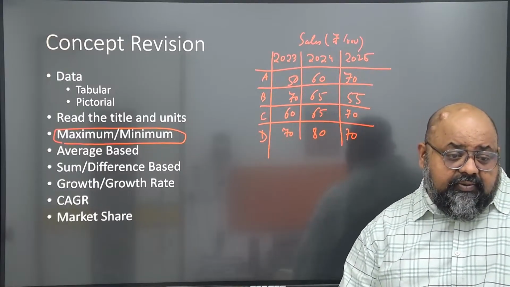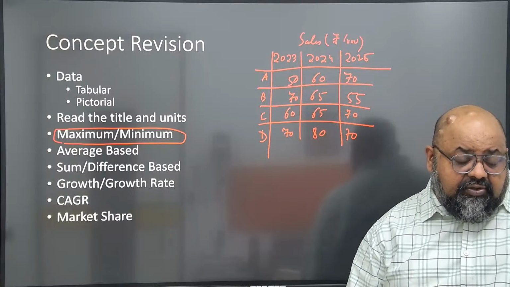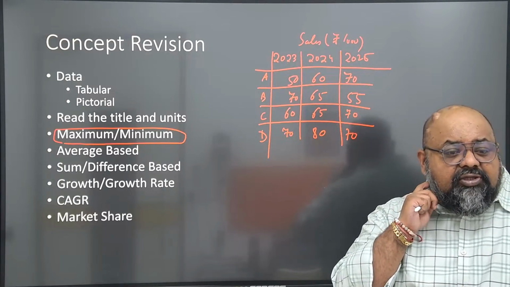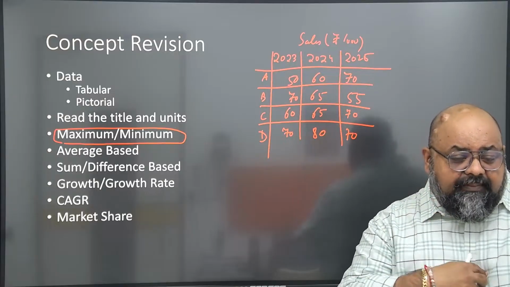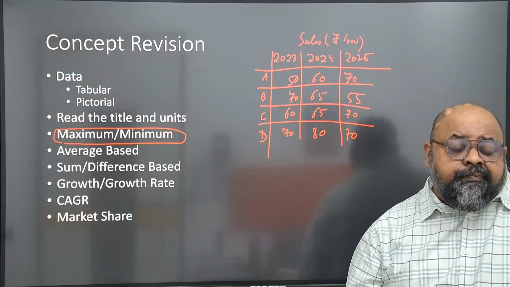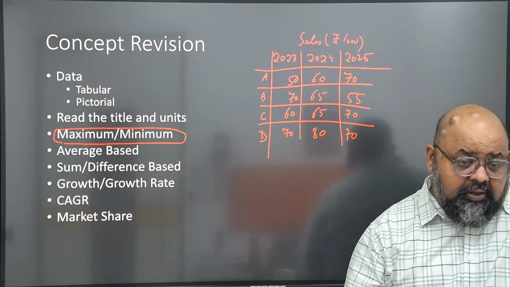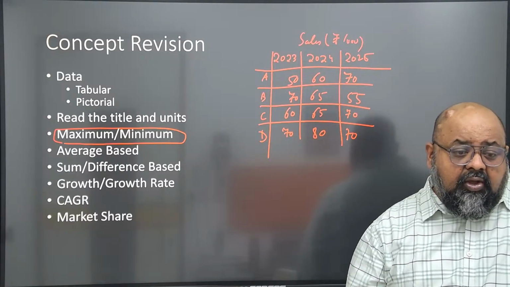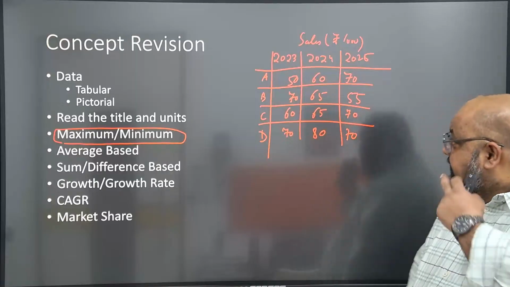The questions could be row-based or column-based. Right now, I am just asking you which is one of the higher or the lower values. We could also have a grouping and I have to compare a higher or larger value. For example, if I say which is higher, the sales for A and B in 2023 or the sales for C and D in 2025.